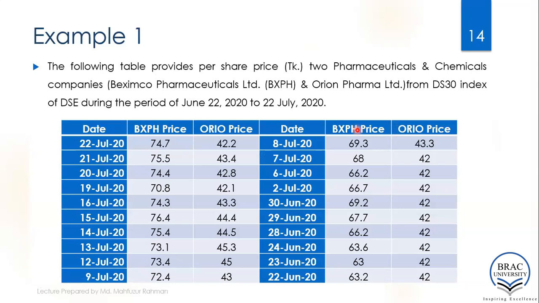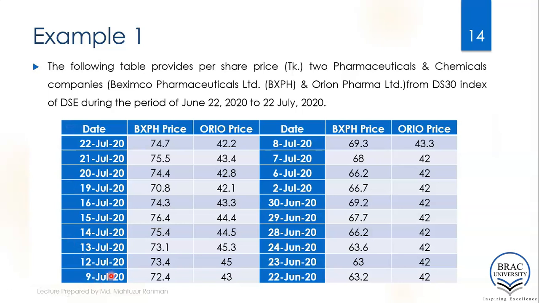So let's take an example here. The following table provides the per share price of Beximco Pharmaceuticals Limited and Orion Pharma Limited, two pharmaceutical and chemical companies from the DS30 index of the Dhaka Stock Exchange during the period of June 22, 2020 to July 22, 2020. Now, check the data layout.